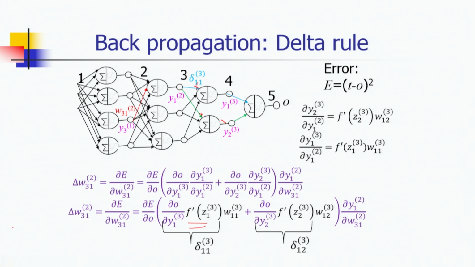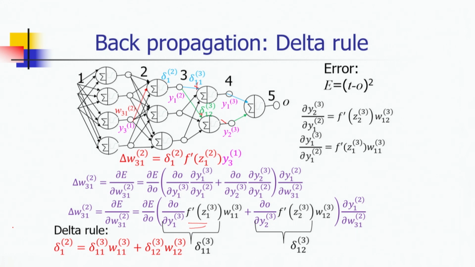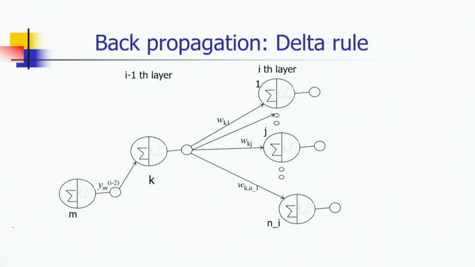I have a better diagram on the next slide. See, this is a clearer picture. So at the ith layer, you have all these neurons, and delta is the respective derivative of the error at this point. So it is delta E at this point, whatever this node would be.